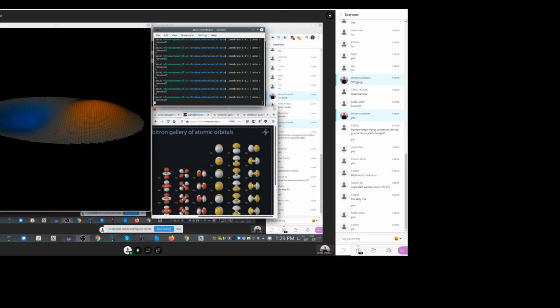And I can continue this. So now look, before I do it on my computer, look at this one. This is the 3p state. So I've got one side going up, one side going down, but then an inner part that's opposite of that.